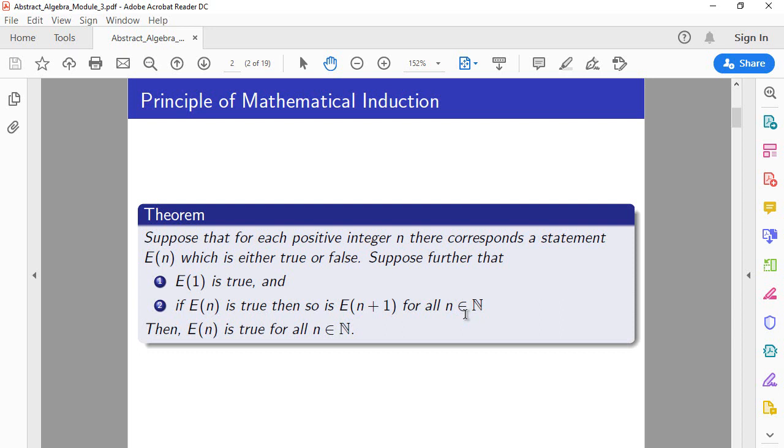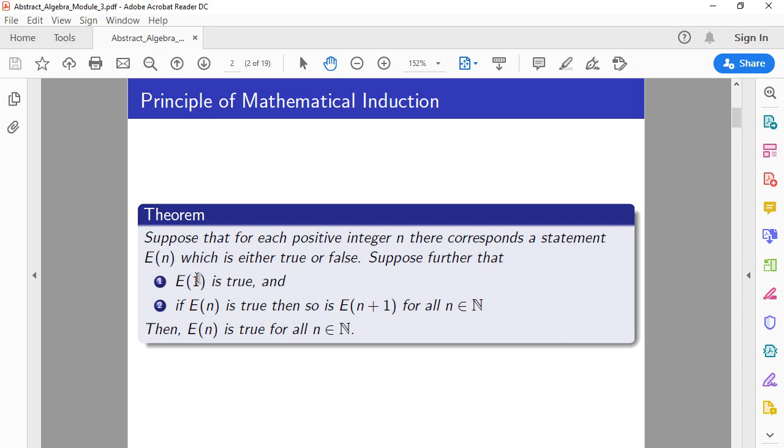So in order to prove that E(n) is true for all n, we have to establish 1 and 2. So just to give you guys a silly example, let's say we want to prove that the sun rises in the east every day.